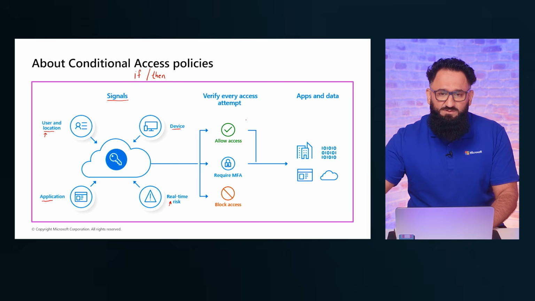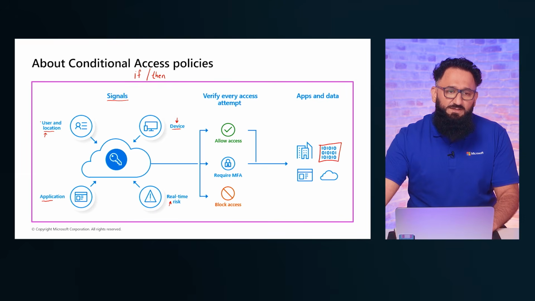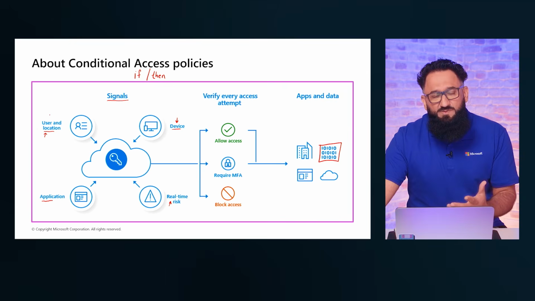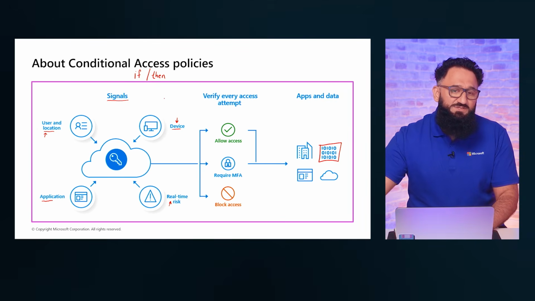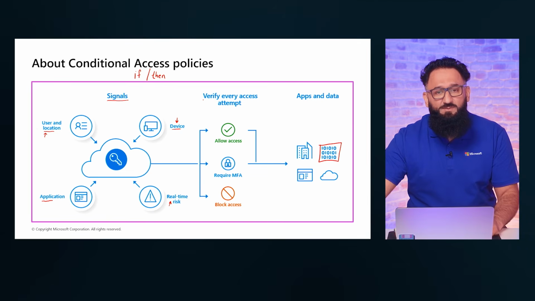The signals might be suggesting that Walid is trying to access this data that's sitting somewhere across our cloud resources, and Walid is using the work laptop, and Walid is logging in from the office location. Based on some of this, I might define a policy that suggests if that is the case, if this is the condition that we're coming up with, then allow Walid access.